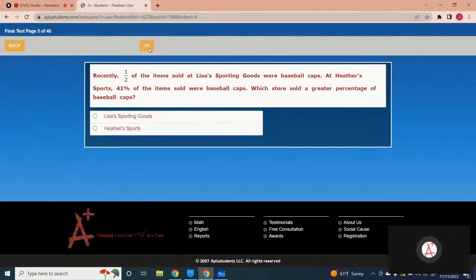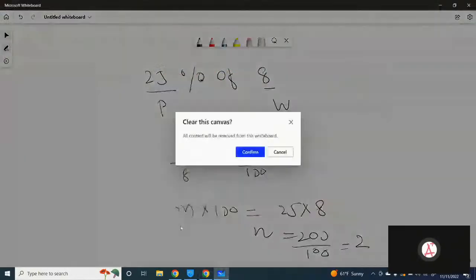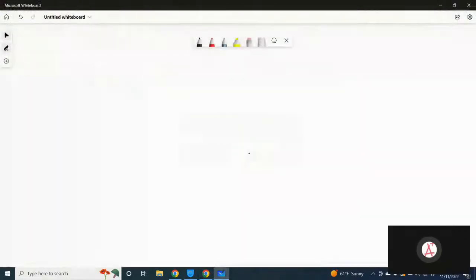Okay, recently half of the items sold at Lisa's Sporting Goods are baseball caps, and at Heather's Sports, 41% of the items sold were baseball caps. Which store sold a greater percentage of baseball caps? So just convert both the half and 41%. Convert the half into percentage form, got it? Because you can compare when they are in the same form.